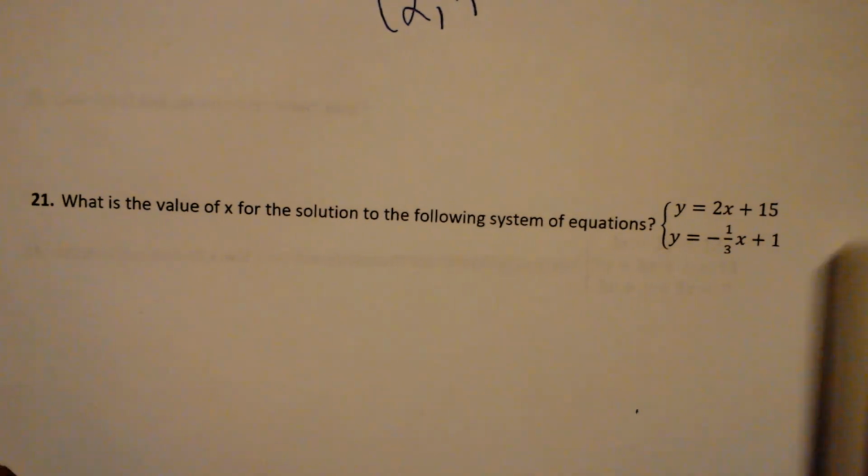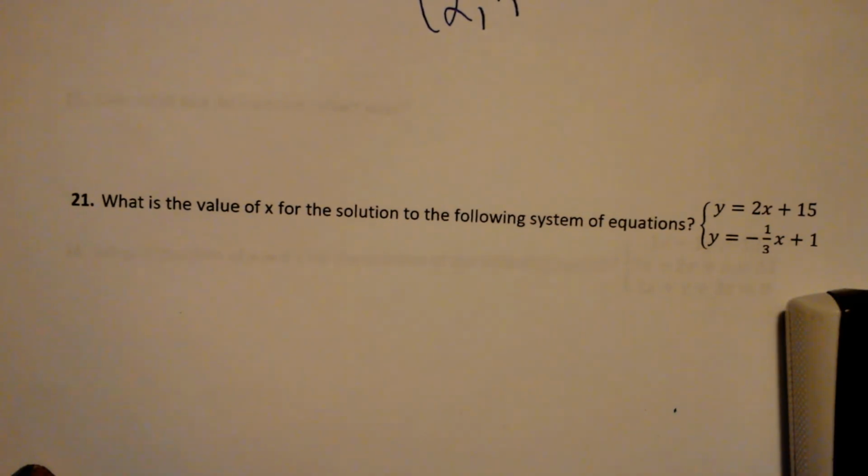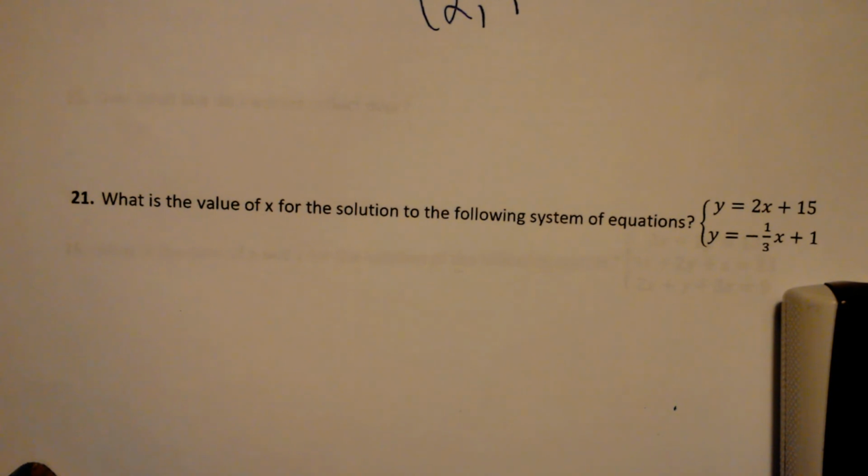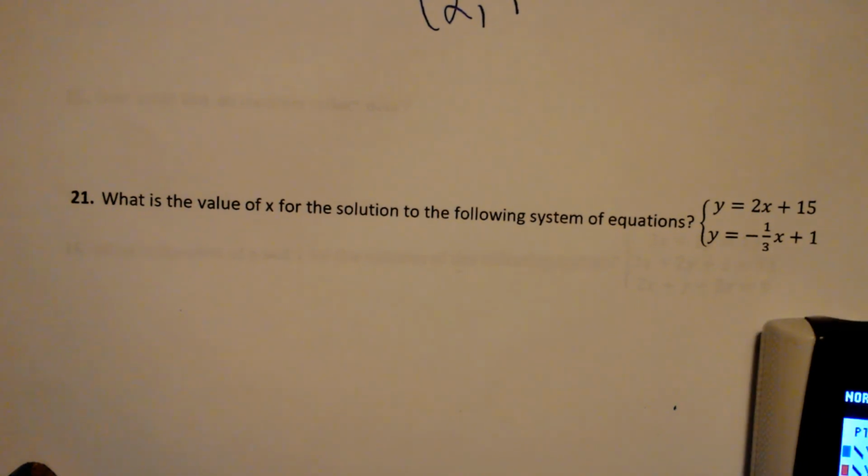So 21 is given to us in y equals form. So slope-intercept form. So I'm going to put it into y1 and y2.